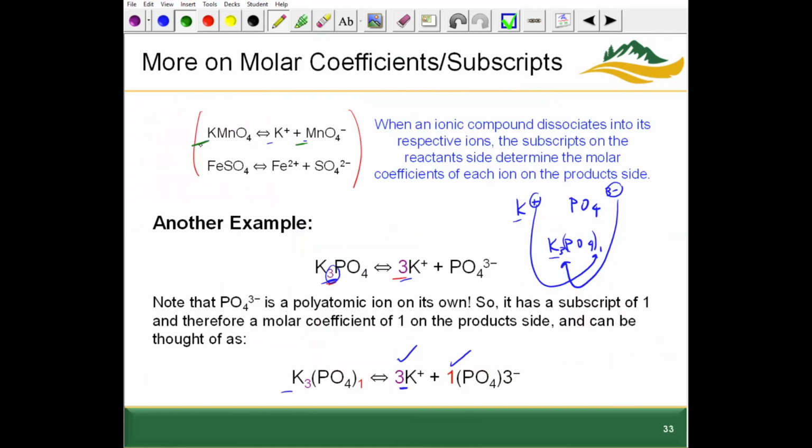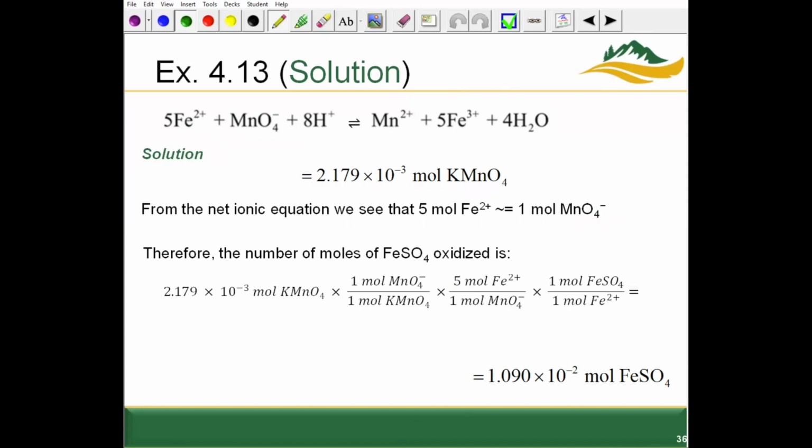I'm going to show you all of this in one calculation here. At this point, we would cancel out moles of potassium permanganate and moles of potassium permanganate.